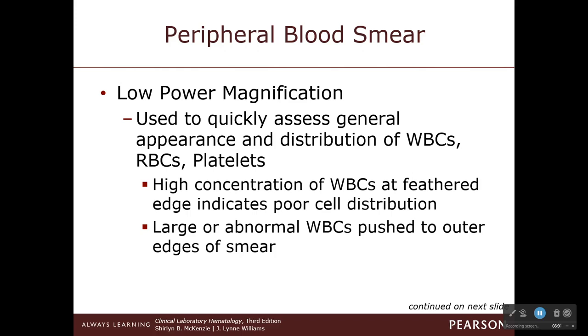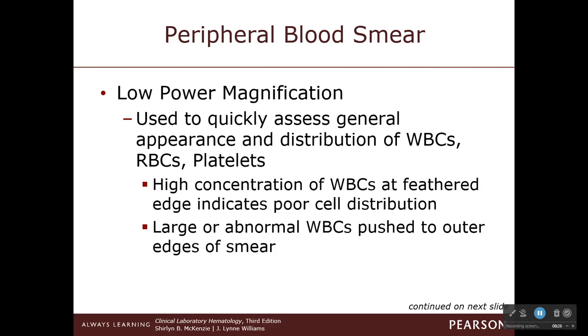High concentration of WBCs at the feathered edge indicates poor cell distribution. So it means you didn't make your slide like you should have, okay? Essentially what that means. And then, of course, those large abnormal WBCs push to the outer edge of the smear. So what it's saying is we want to do our counts basically at the feathered edge, like we should always, okay?